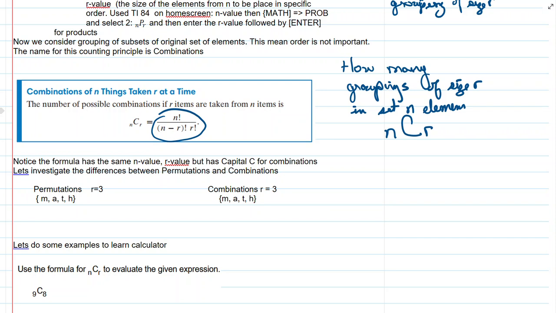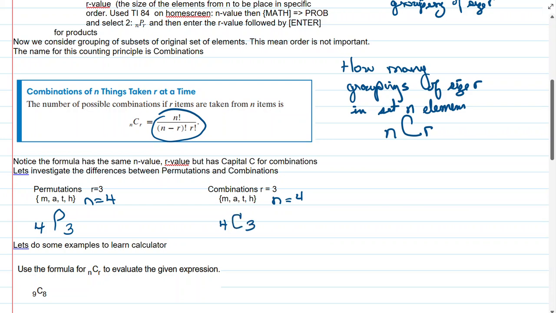So here we have all unique letters, and we have an N equals 4. It's all the letters of math, M-A-T-H. And here is the same thing where N is 4. And on this one, we want 4P3. And on this one, we want, sorry, that's a C because it's a combination, 4C3.